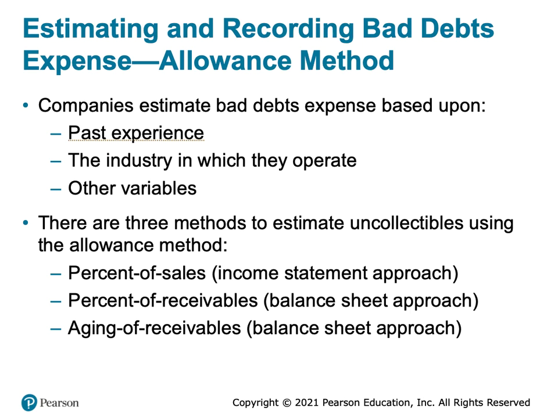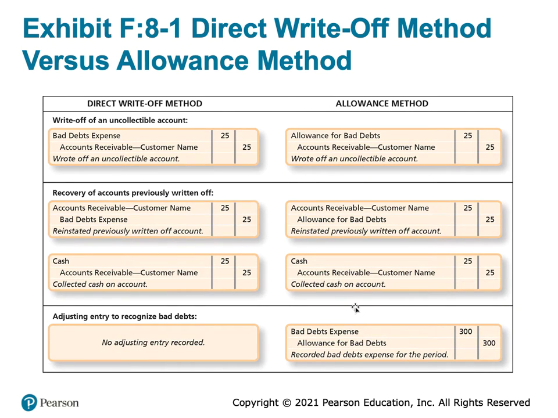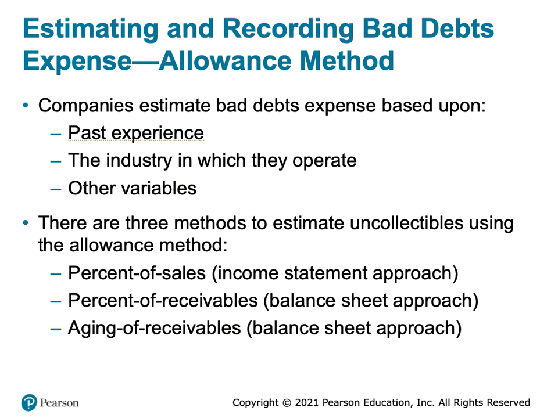So in the allowance method, we have this adjusting entry at the end of the year where we're recording bad debt expense for the period. But how are we going to get this number, in this case $300? Companies estimate bad debt expense based on their own past experience, the industry that they operate in, and what is common or average within that industry.